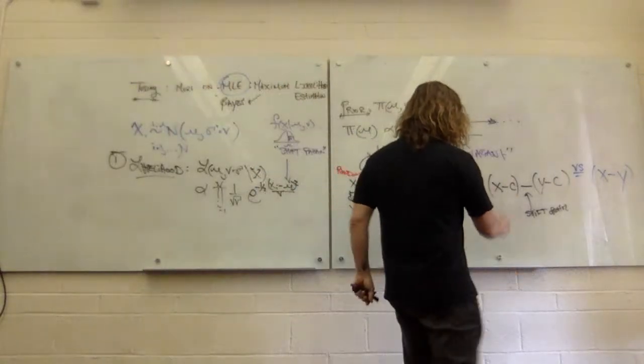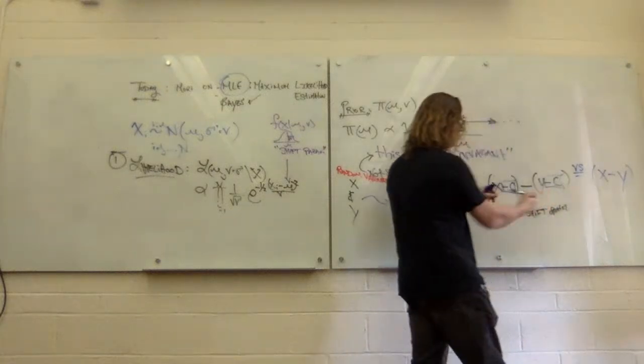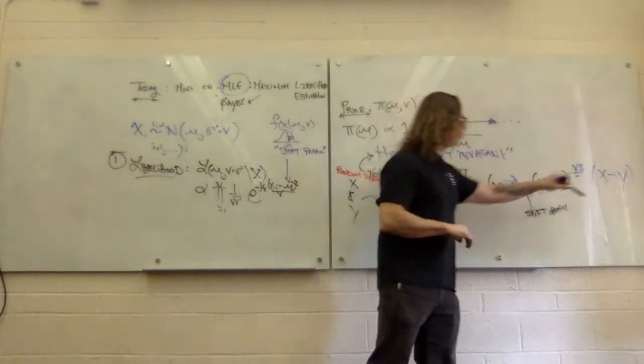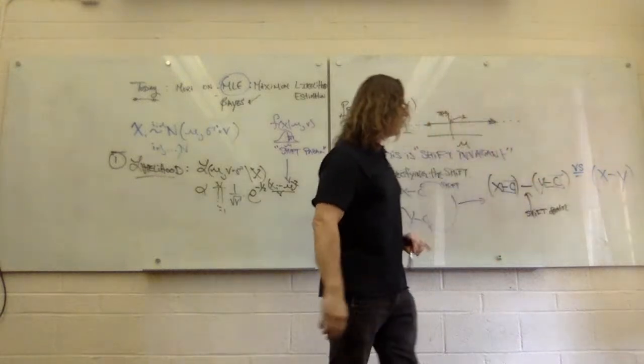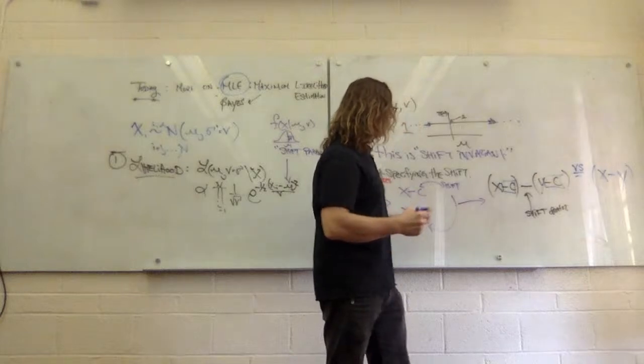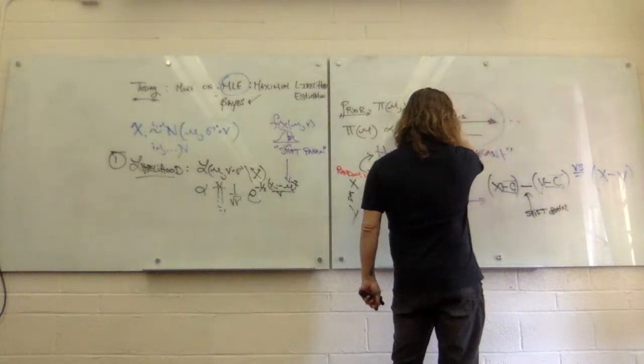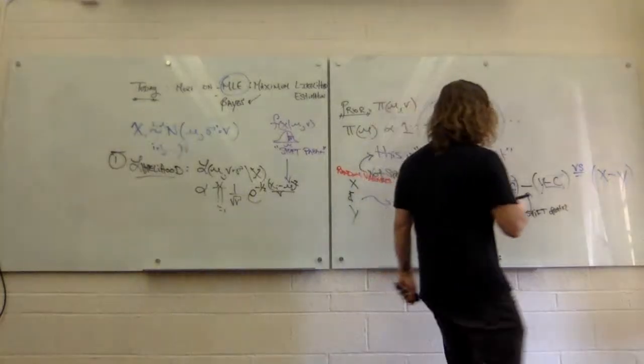And so this thing right here is invariant, i.e. the distribution of these differences is invariant, given the original distribution for X and Y is flat. So let me just say that in words.